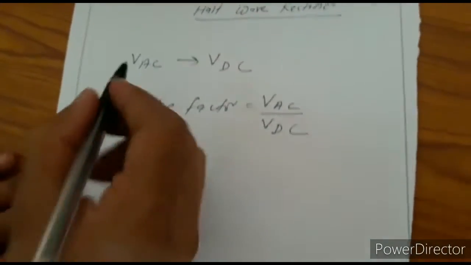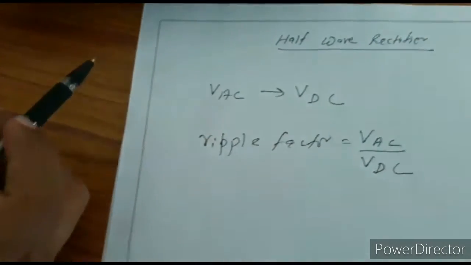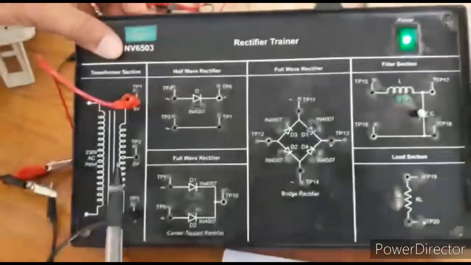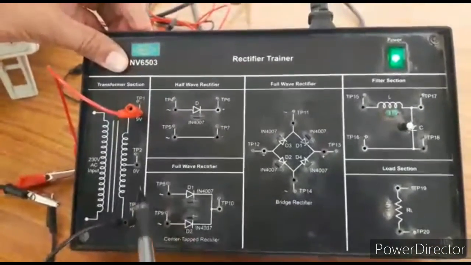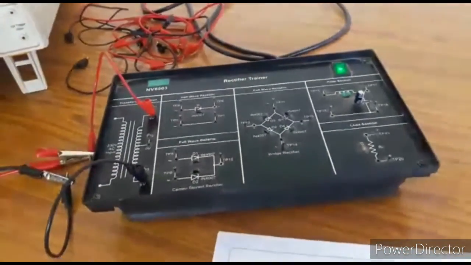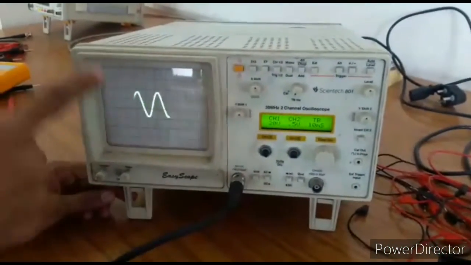So first we will see what VAC is. Here in this experiment kit, this is our step-down transformer. The output voltage of the transformer we will observe on the CRO. It is AC voltage. This is your input AC signal.